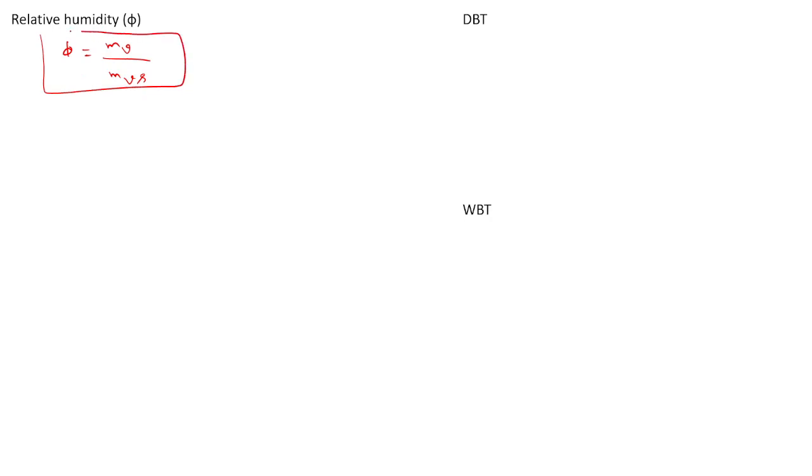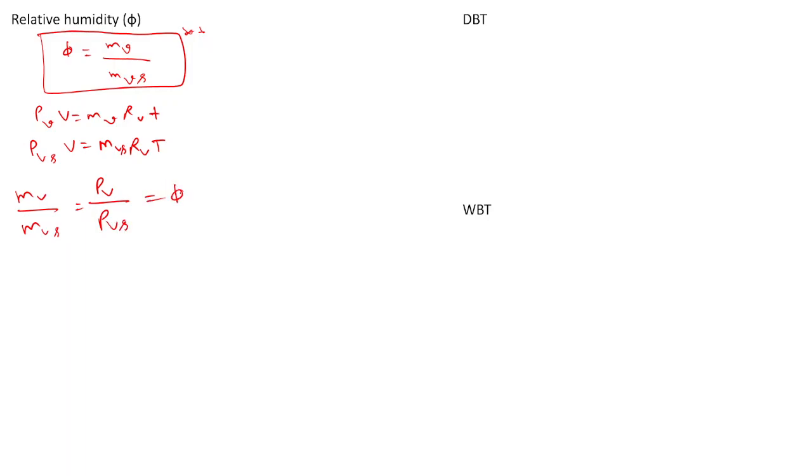So what would be the formula for that? Like we know PV times V is equal to MV RV T, and similarly we can write for saturation PVS times V is equal to MVS RV T. So when we divide both equations, MV divided by MVS becomes PV divided by PVS.